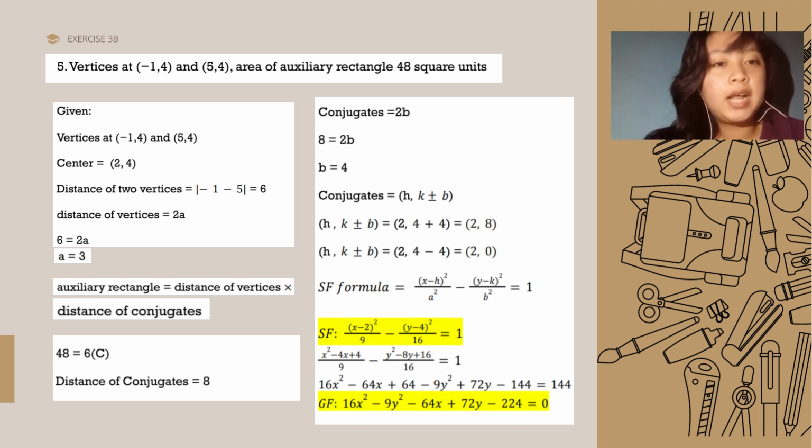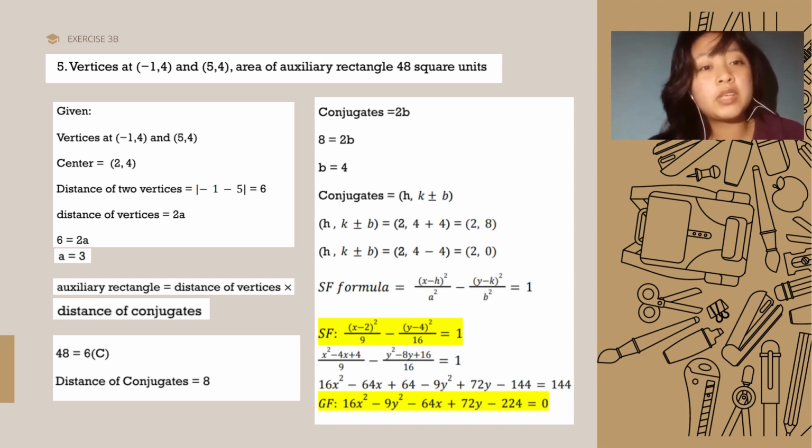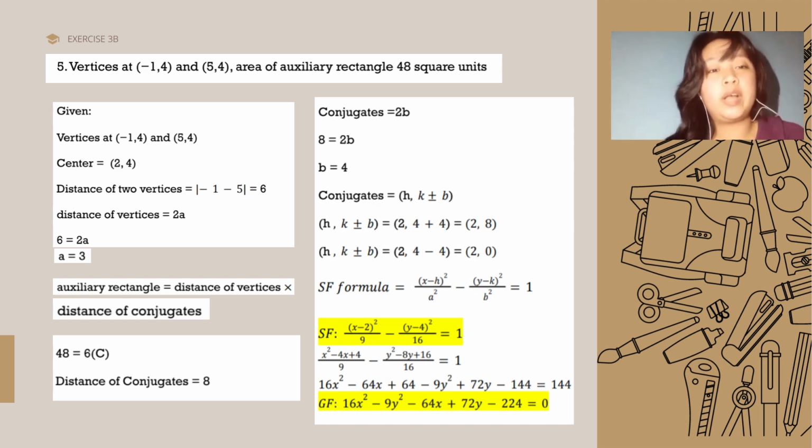So syempre kailangan natin i-solve ang (x minus 2) squared, which is x squared minus 4x plus 4 over 9 minus yung (y minus 4) squared, ang kakalabasan niya ay y squared minus 8y plus 16 over 16 is equal to 1. So cross multiplication lang tayo, ang kakalabasan niya ay 16x squared minus 64x plus 64 minus 9y squared plus 72y minus 144 is equal to 144.